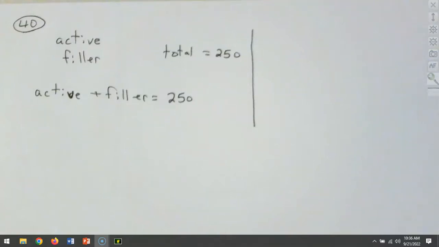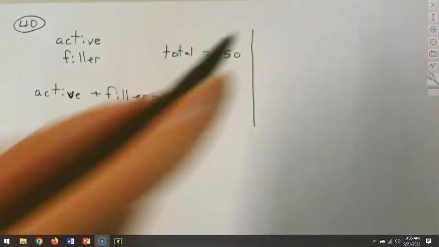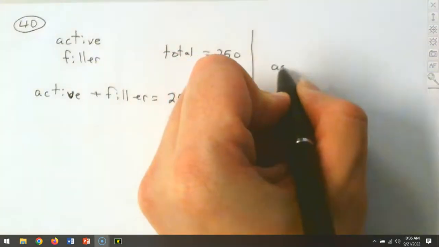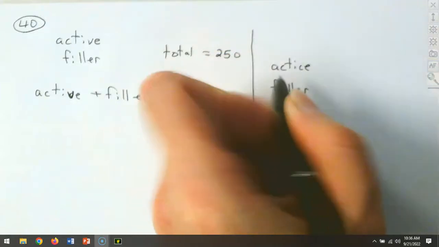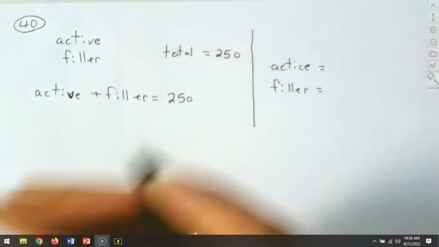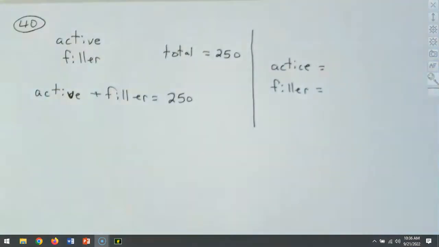Now, how do they relate to each other? What does it say here? We have to be careful how we read these. It says a medication contains 9 milligrams of active ingredients for every 1 milligram of inert ingredients.